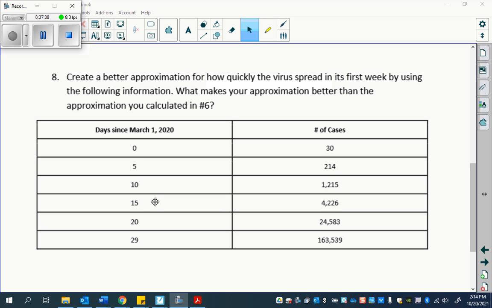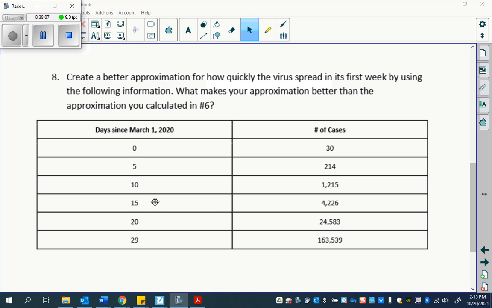So when we break that range for our y values into a smaller value, we get something that is maybe a little bit more accurate. Instead of going up by over 5,000 cases per day, check it out, we went up by less than 200 in this 5-day span.